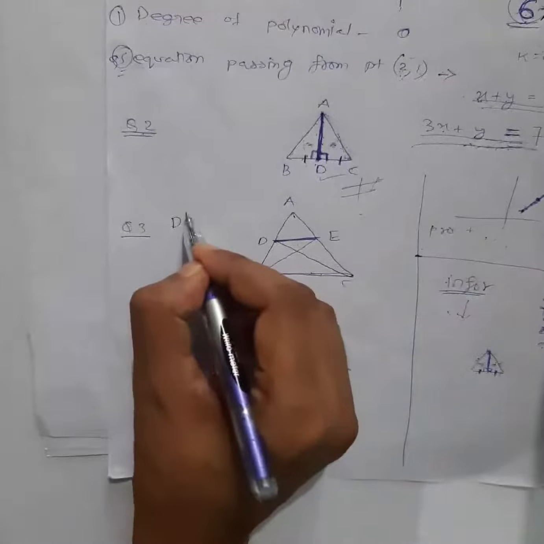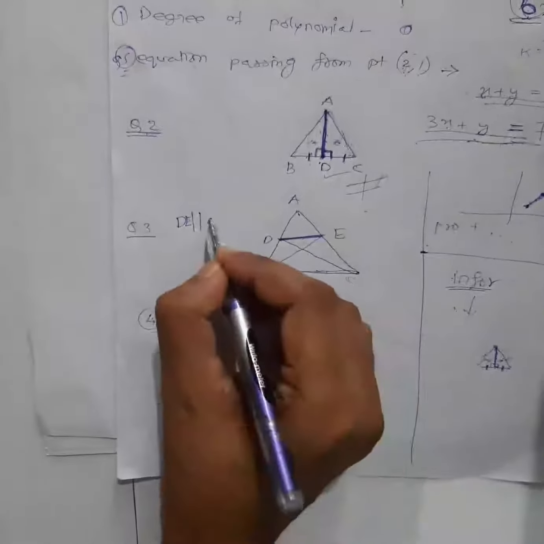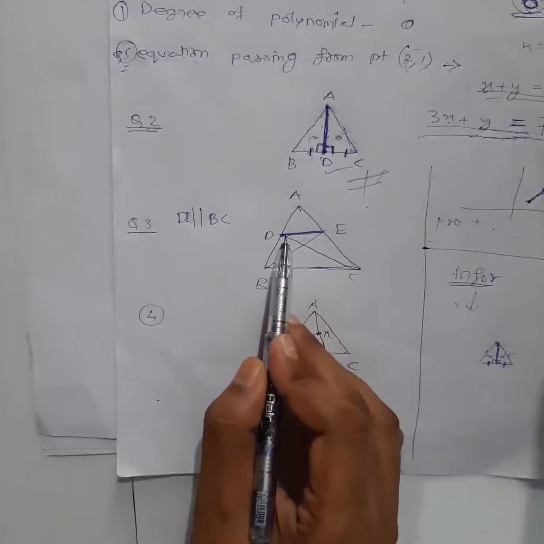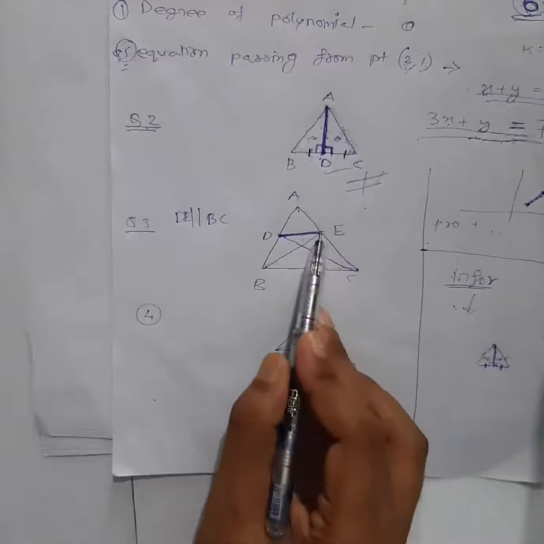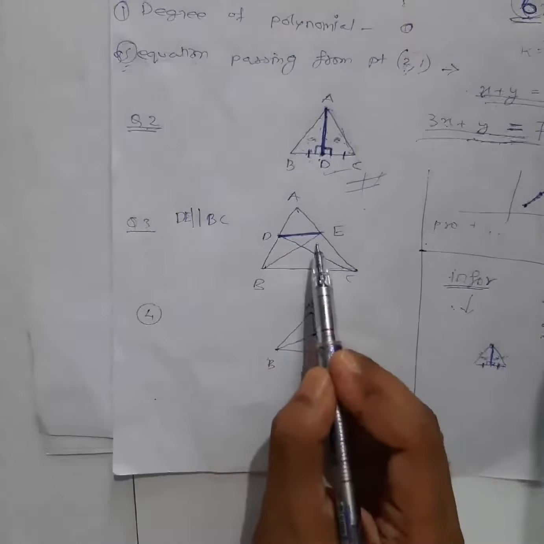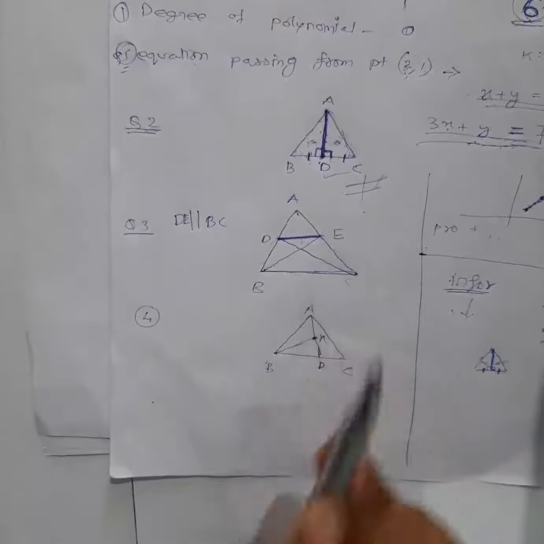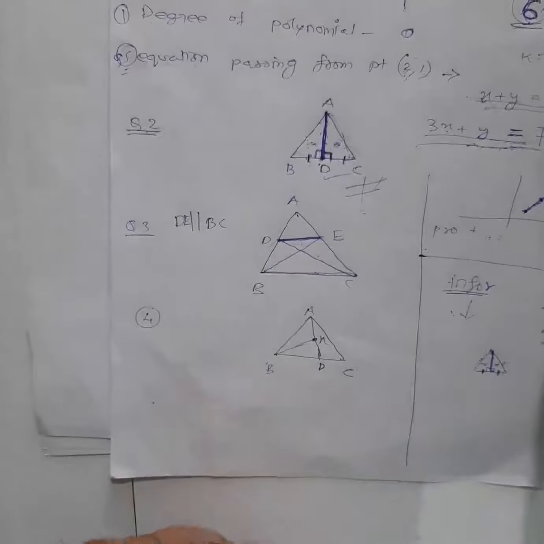This is what you were asked to show, DE parallel to BC. But some students have shown that the area of this triangle is equal to the area of this triangle. Now in your question, this triangle's area and this triangle's area were already given equal. You don't have to show that one, so you have misinterpreted it.